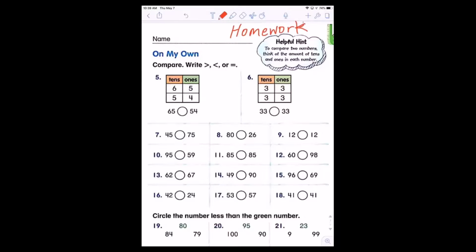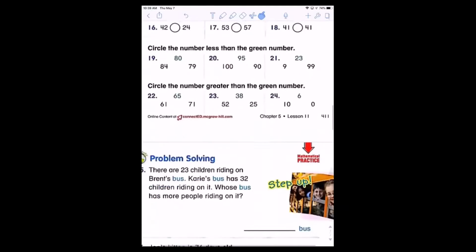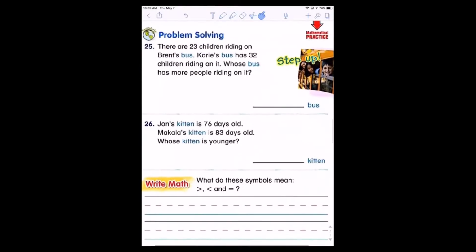Okay, that would be your homework. And remember, you're going to be using these symbols right here: greater than, less than, and equal to. Okay, and then now we're going to this other page here.